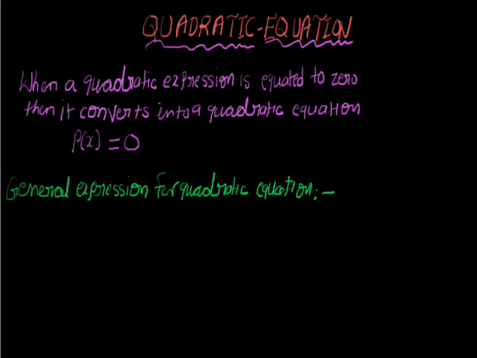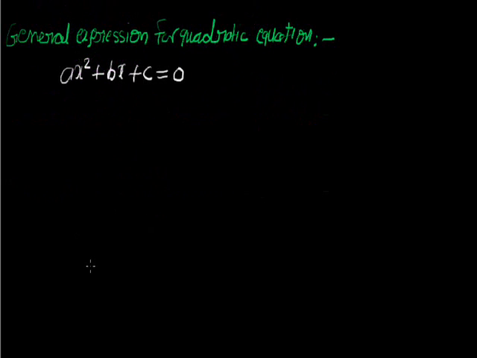What is the general expression? We can write like this: ax square plus bx plus c is equal to 0. That is the general expression for a quadratic equation, where a should not equal 0.